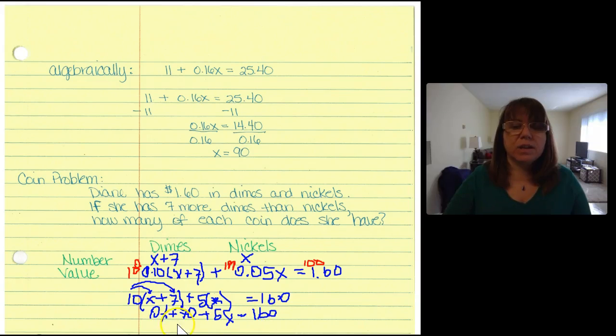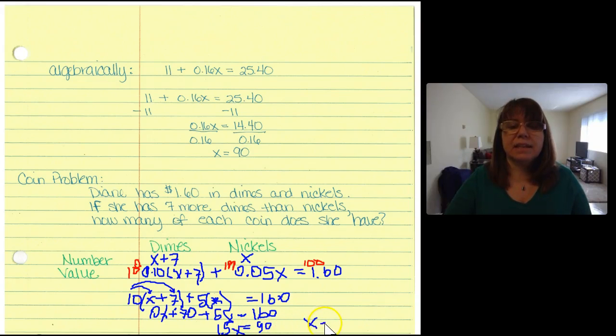Alright, so I can subtract 70 from both sides. That will give me 90. And I add my like terms. 10X plus 5X is going to give me 15X. Divide each side by 15. Divide 15X by 15. Divide 90 by 15.